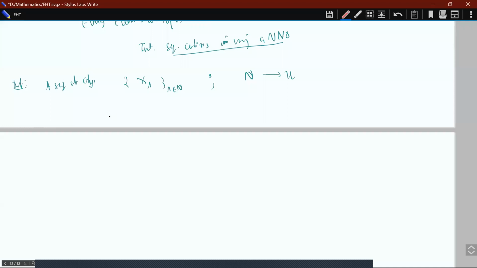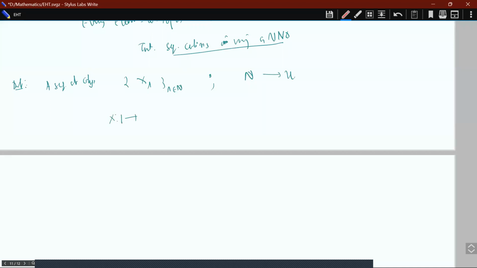Another minor thing that is worth defining: suppose you have this object and you have this map. You can write the resulting sequence. Now suppose X n is a sequence of objects.